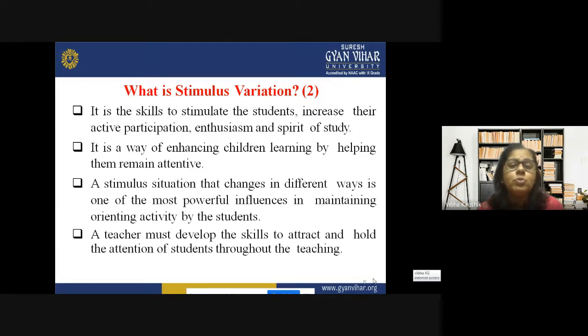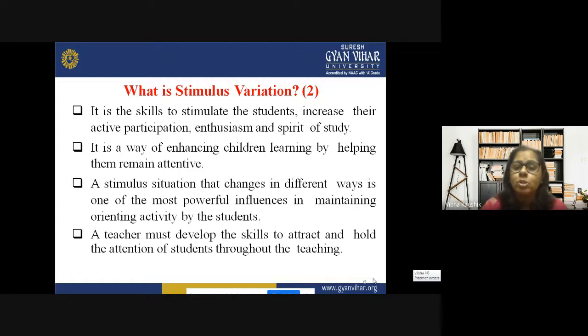A stimulus situation that changes in different ways is one of the most powerful influences in maintaining orienting activity by the students. A teacher must develop the skills to attract and hold the attention of students throughout the teaching.